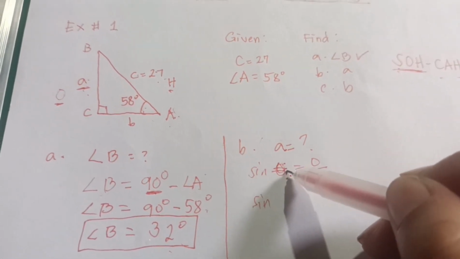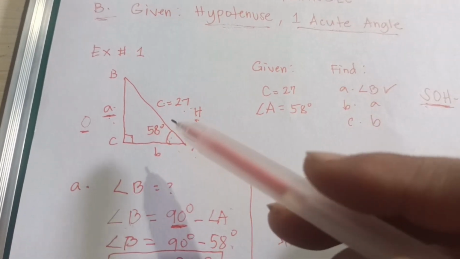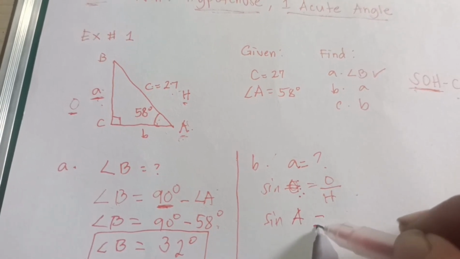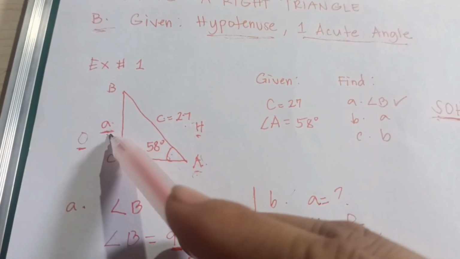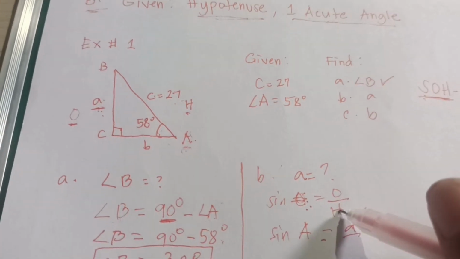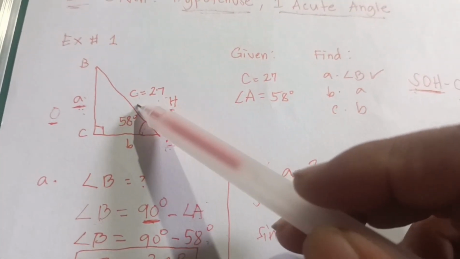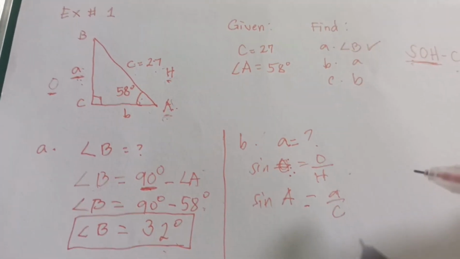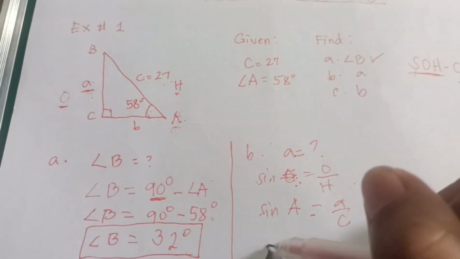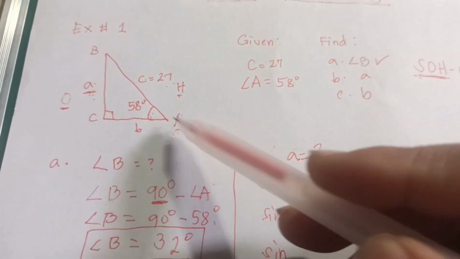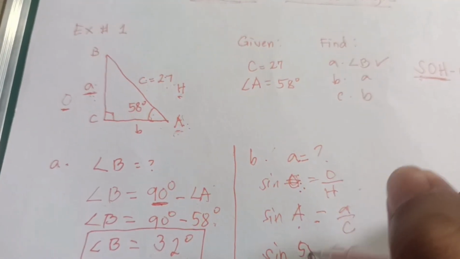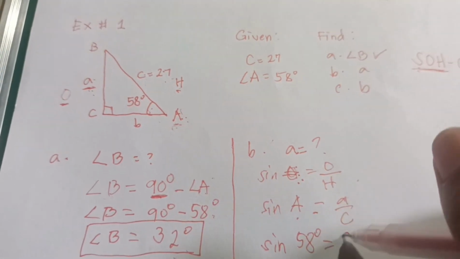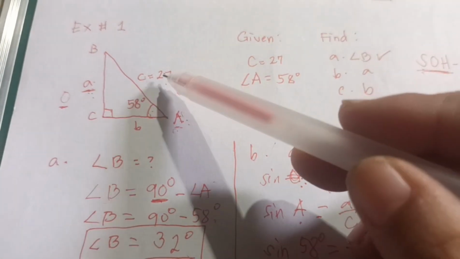So here, the theta is the angle, and our reference angle earlier is the given angle A. So we're going to substitute theta as A. Our opposite side is side A. Our hypotenuse is side C. So here, letters only. Next, we're going to substitute the letters with a given measure or number. Sine A. A is given, which is 58 degrees. And side A is missing. So that's why we're going to solve for it. And C is 27.